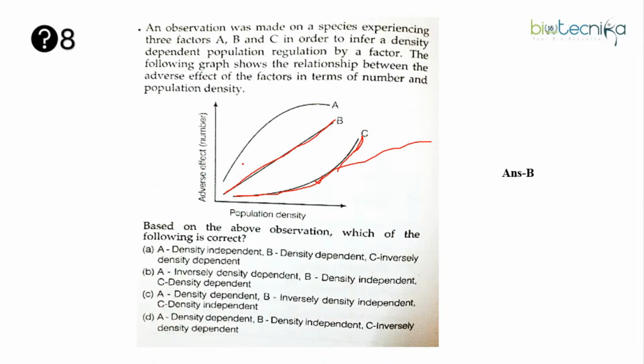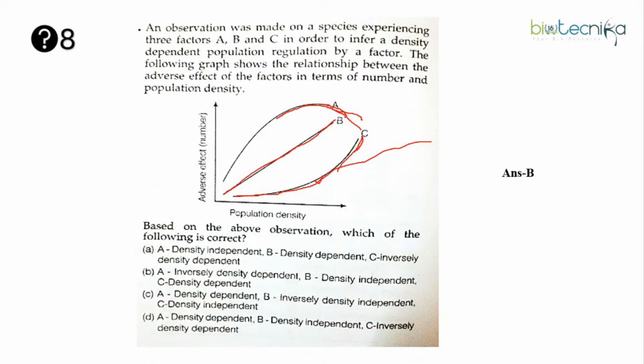What about this? This is density inversely. It is also density dependent, but it is inversely. Why? Because see, the curve is curving down, isn't it? So the population adverse effect increases as your population density increases, and after a point, it becomes retarded or starts to decline.